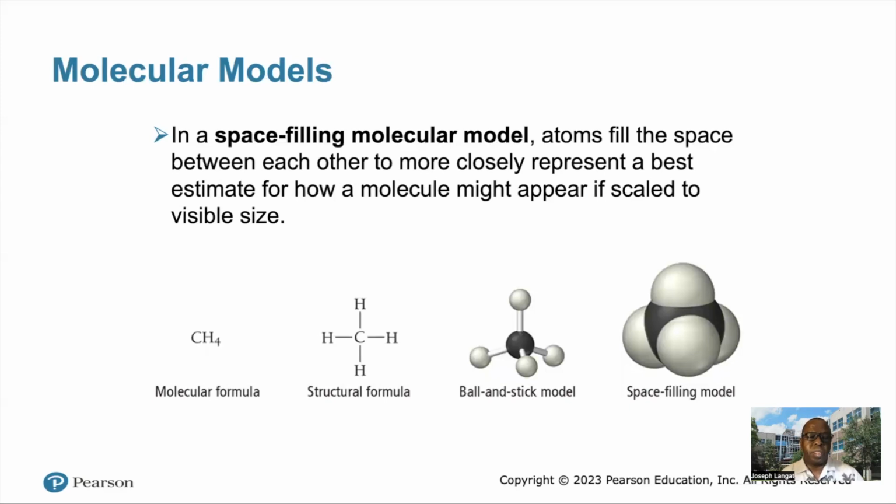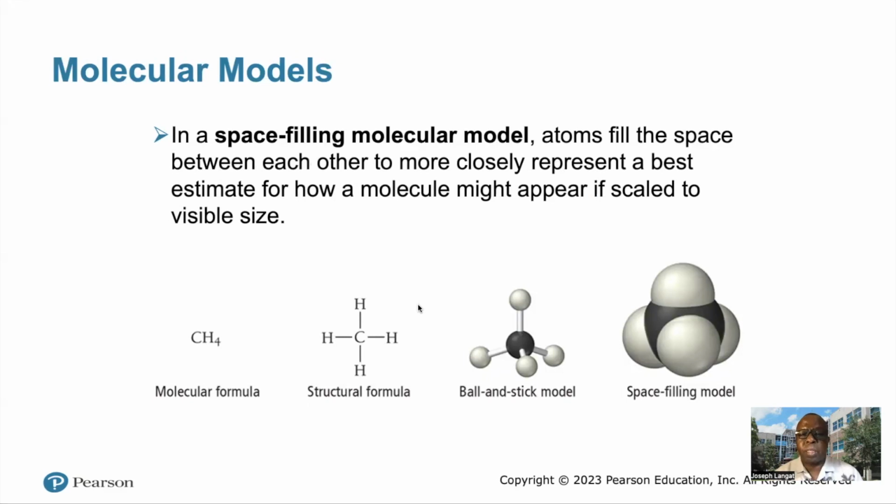This is just using methane to illustrate the difference between molecular formula and structural formula. We use lines to represent covalent bonds. This is ball and stick, which you may have seen in the lab, or you will see in one of the experiments. And lastly, the space filling model.